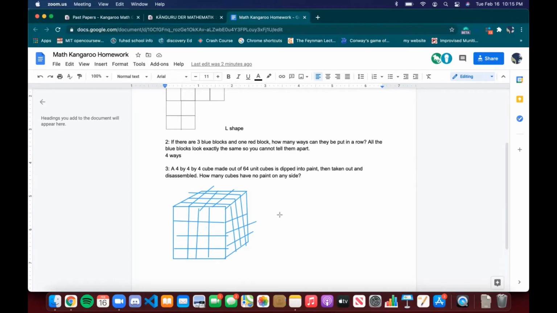And we know that a 2x2x2 cube, the volume is equal to its length times width times height, which is 2 times 2 times 2, which is 8.